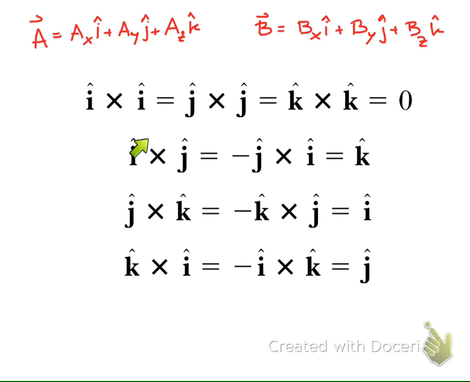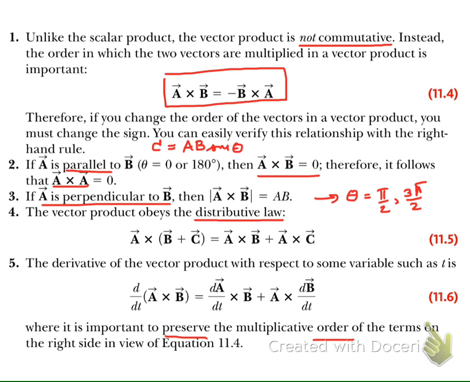That is, if we do the cross product of the unit vector i by itself, or j by itself, or k by itself, we will get 0. This is obvious from this identity. Okay, that is, if the vectors are parallel, the cross product with itself is 0.